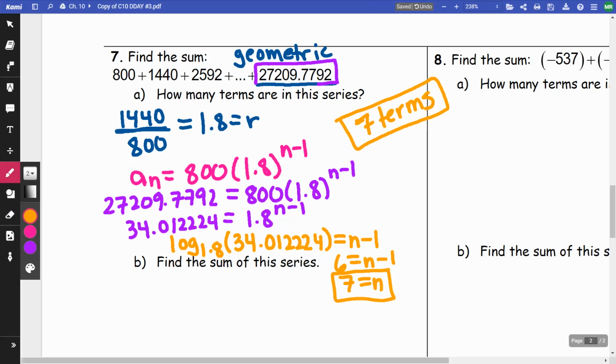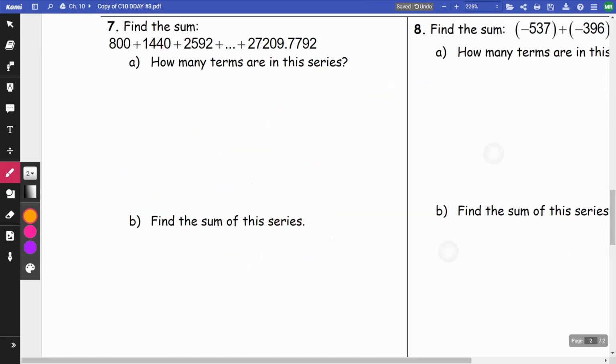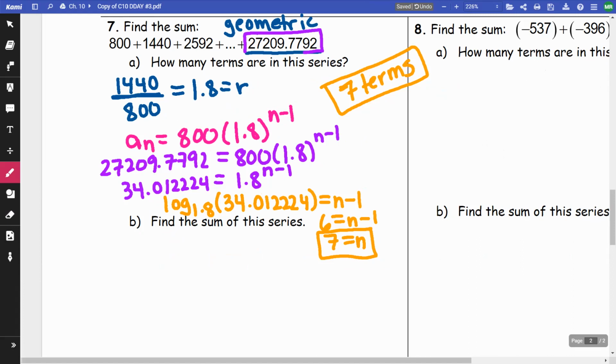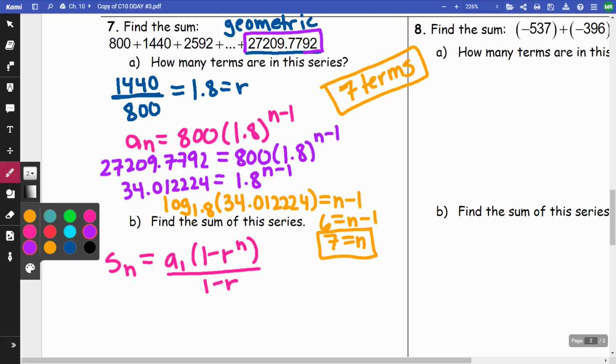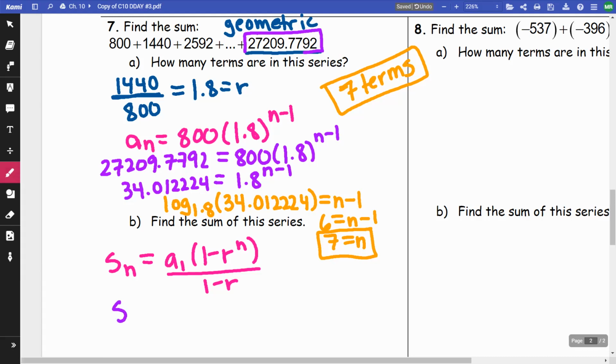So now they want us to find the sum. To find the sum of a geometric series, it's going to be S sub n is equal to the first term times 1 minus r to the power n all over 1 minus r. So I am going to be doing S sub 7. My first term again is 800 times 1 minus, and my r was 1.8 to the power 7 all over 1 minus 1.8.